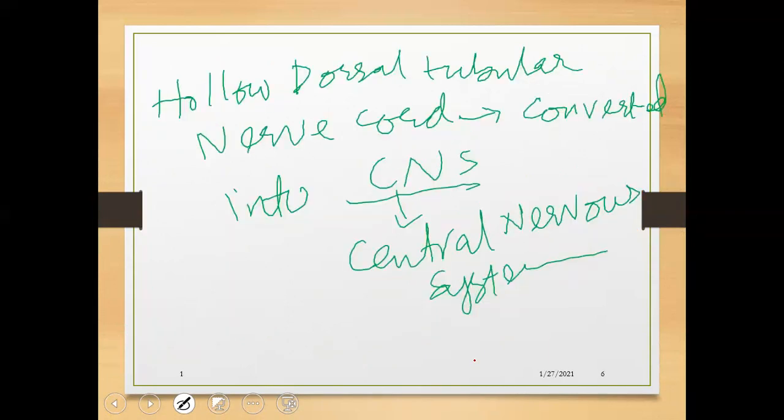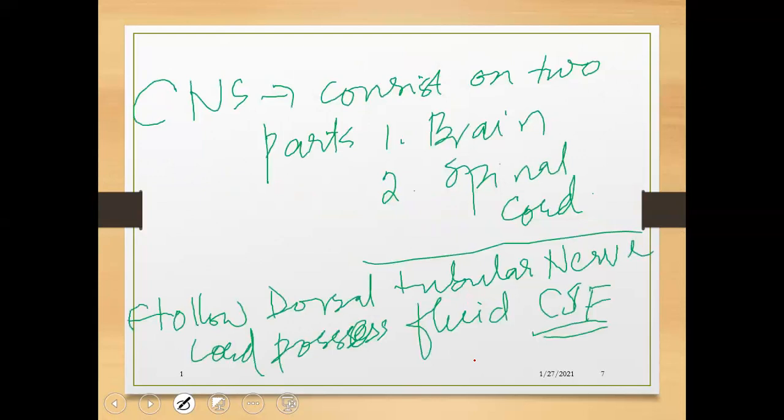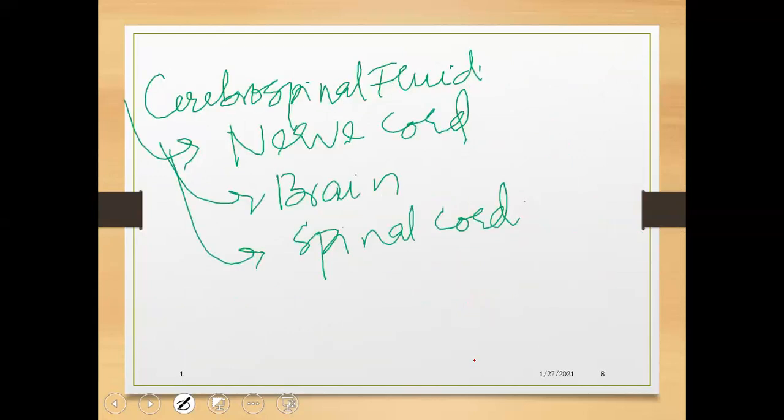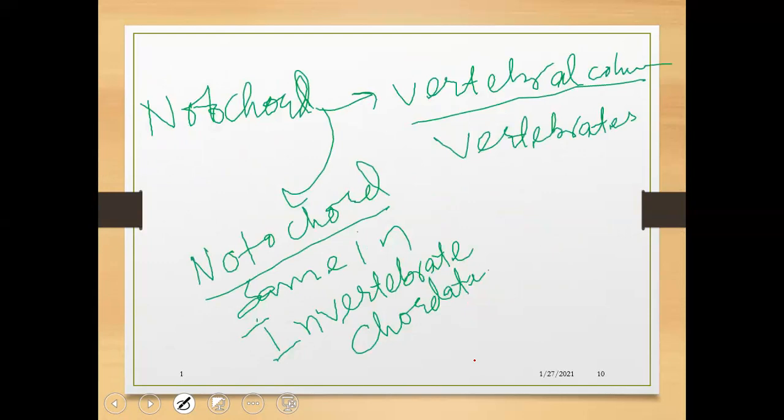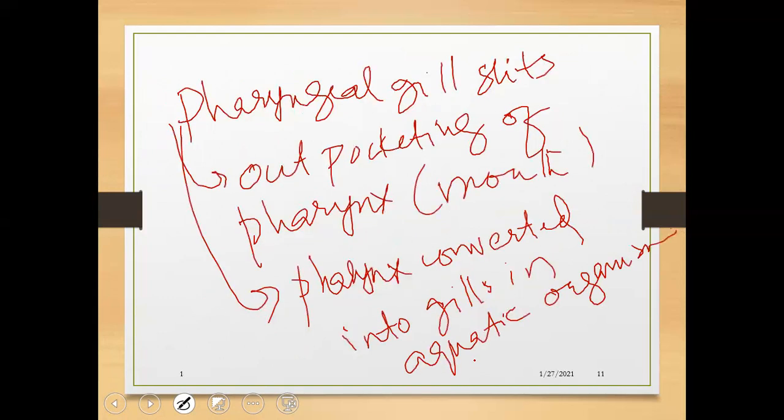The hollow dorsal tubular nerve cord, CNS, and cerebrospinal fluid: the nerve cord, brain, and spinal cord all possess this CSF. The notochord is present below the hollow dorsal tubular nerve cord. The notochord remains the same in invertebrates.